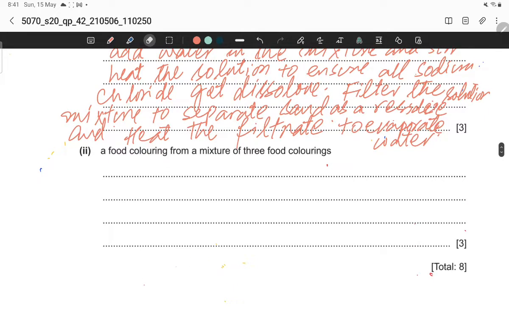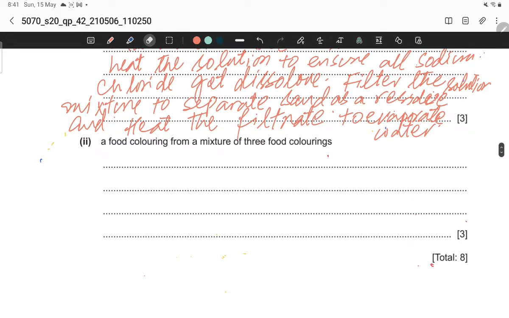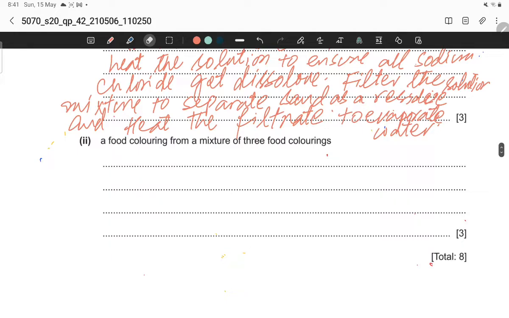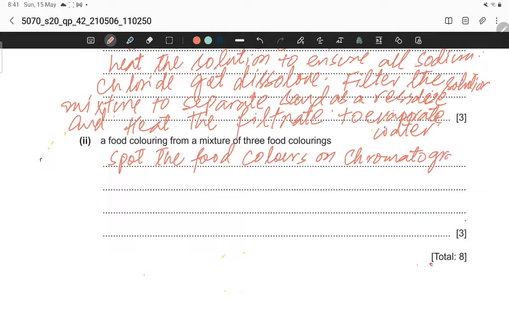Food coloring from a mixture of 3 food colorings. So using chromatography, spot the food colors on chromatography paper, a sort of filter paper.